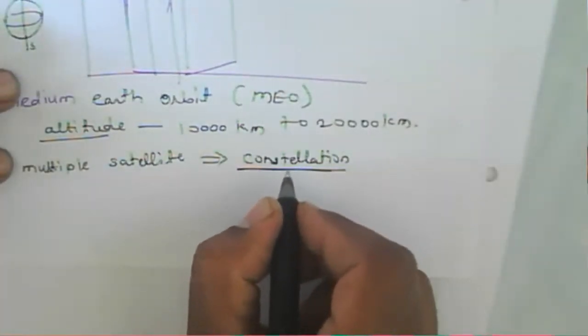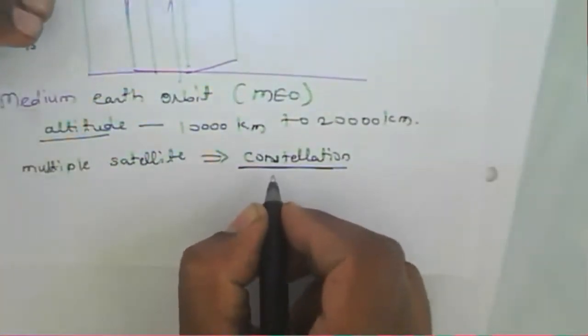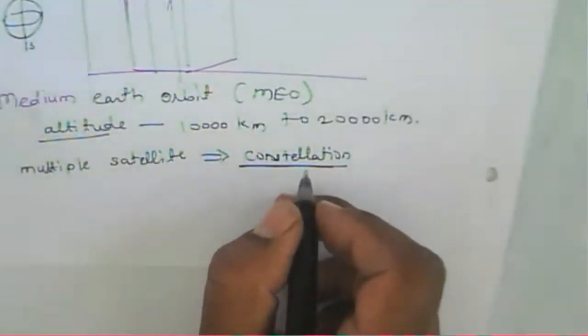Because of the constellation, we can use this for navigation or mobile communication.